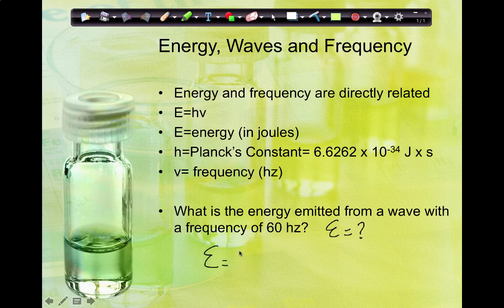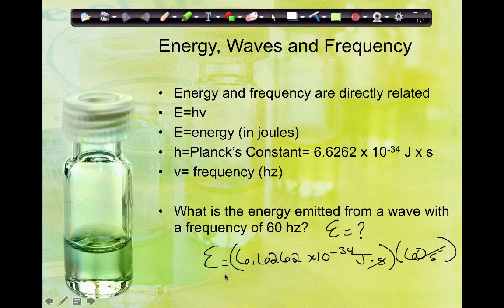So energy is equal to my constant, multiplied by my frequency, which is 60. Seconds will cancel. And my energy would be equal to 4.0 times 10 to the -32 joules.